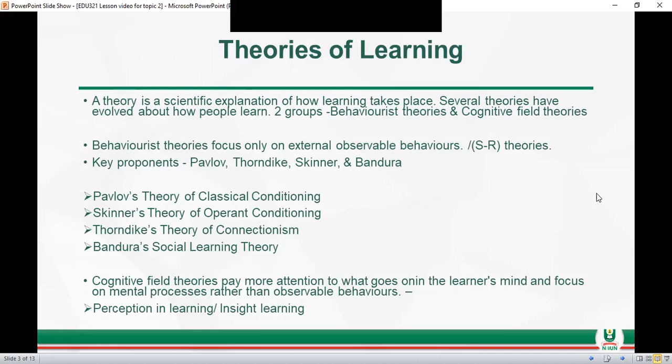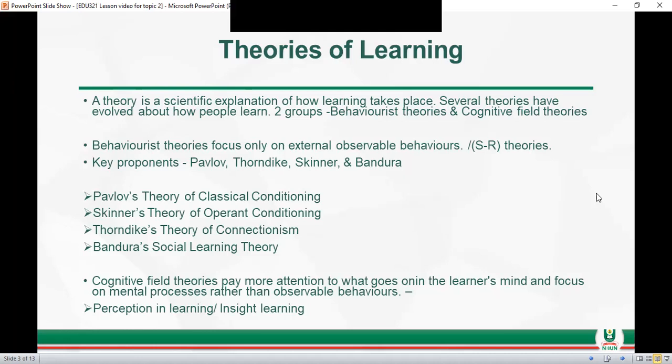The behaviorists focus on observable behaviors, while cognitive field theories focus more attention on what goes on inside the learner's mind and on the mental processes of the learner.